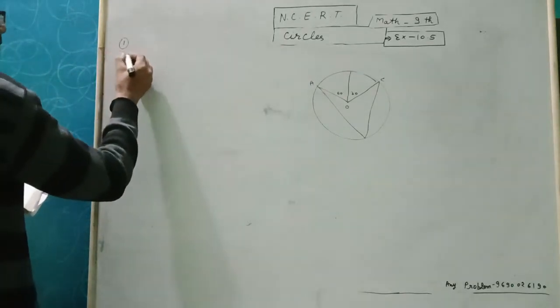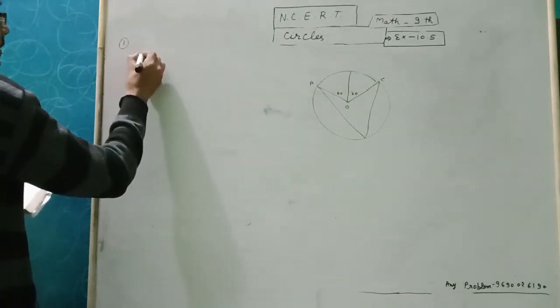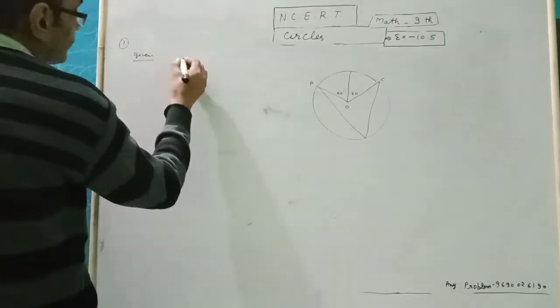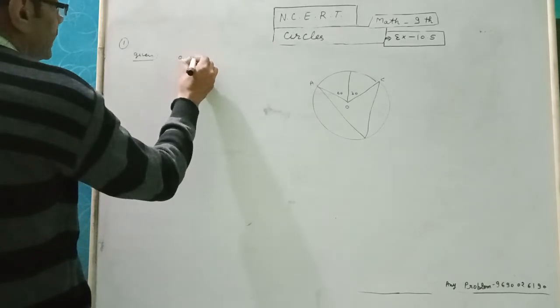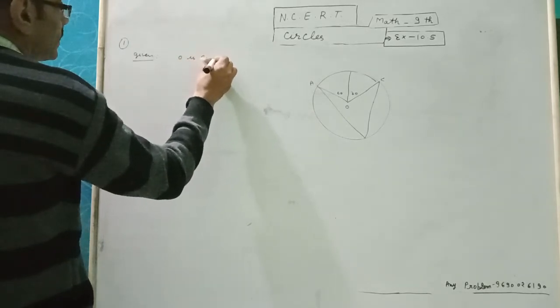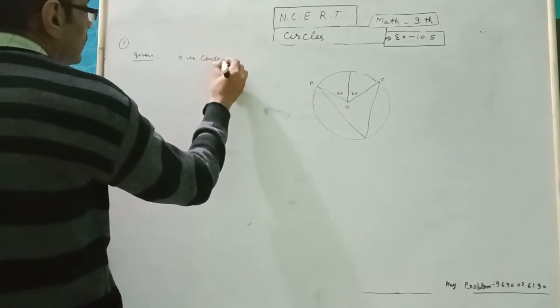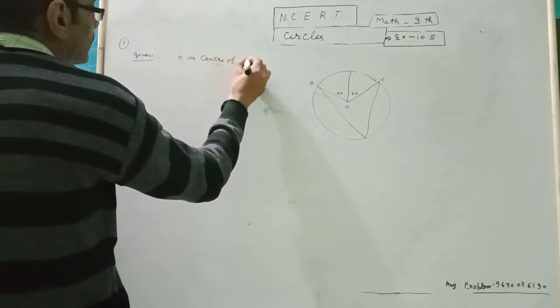Question 1. Given is O is the center of the circle.